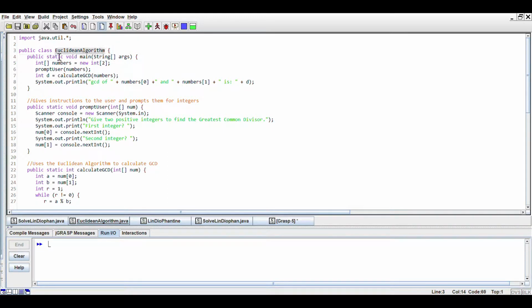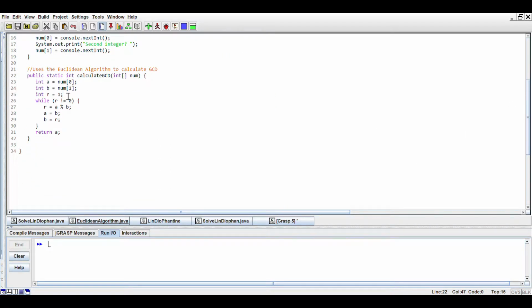So it starts by having a method that introduces the idea to the user and then prompts them for two positive integers. It then returns those positive integers in an array and passes it to this method, which is called calculate GCD. So this is really where the Euclidean algorithm stuff happens.